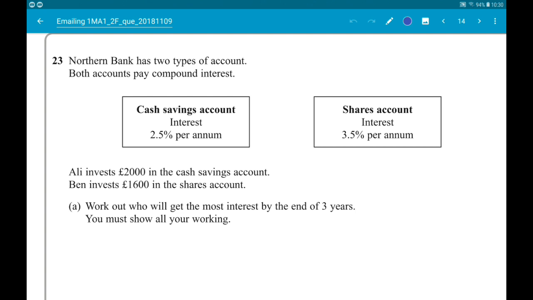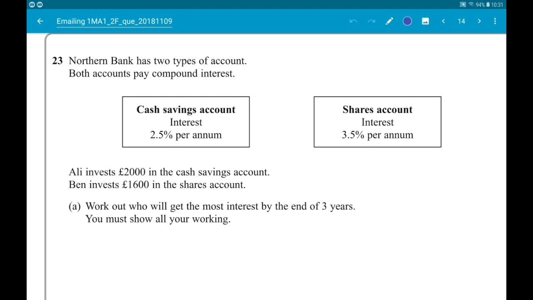Okay, so Northern Bank has two types of account. Both accounts pay compound interest. So with a cash savings account, interest is 2.5% per annum. Annum means year. And with a shares account, you get 3.5% per annum.